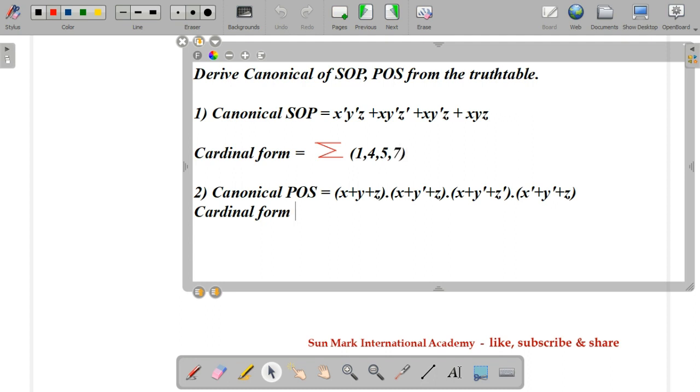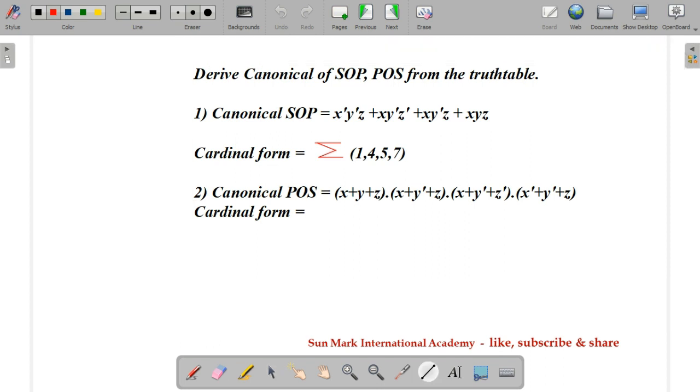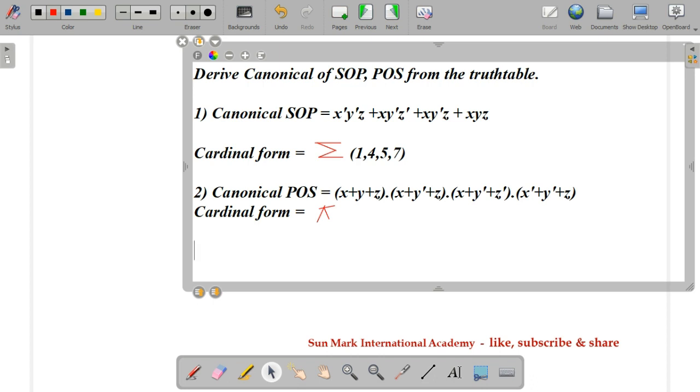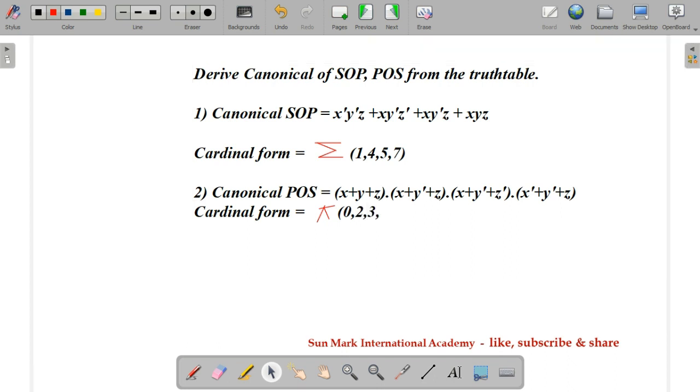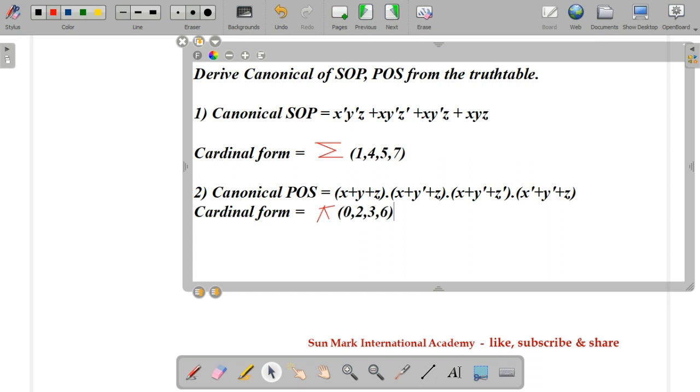Here the cardinal form is POS, so we can write it as pi of, in the bracket, the remaining values: 0, 2, 3 and 6. So we can easily derive canonical SOP and POS from the truth table, and we converted that canonical form into cardinal form.